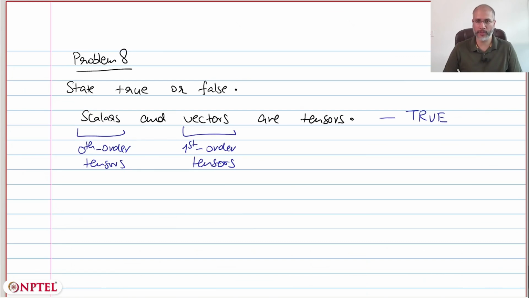So if n is 0, that is in scalars, we need 3 to the power of 0 components, which is 1. We need 3 to the power of 1 components, that is 3, and in higher order we need 3 to the power of n components to describe the tensorial quantity. Right. So the statement that scalars and vectors are tensors is true.